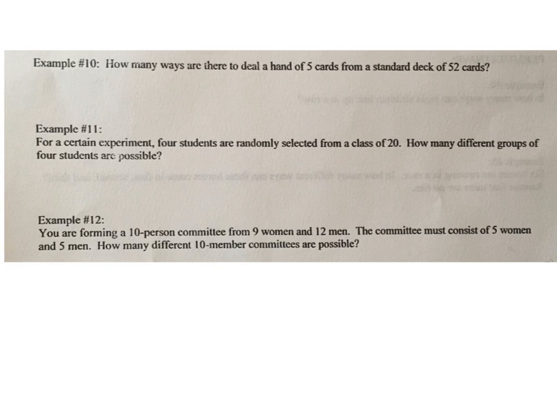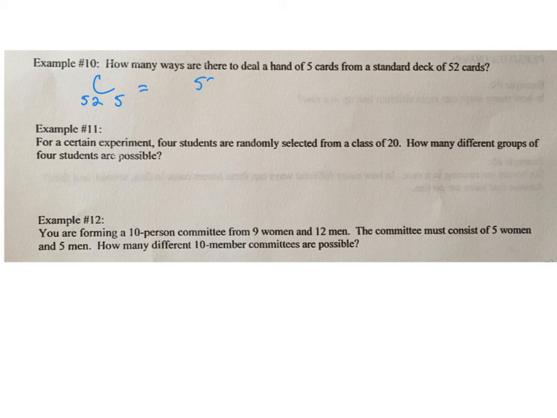Let's take a look at a few more examples of combinations. How many ways are there to deal a hand of 5 cards from a standard deck of 52 cards? Well, this is a combination. Out of 52 total cards, choose 5. How many different possible hands of cards can we be dealt? We can use our formula.